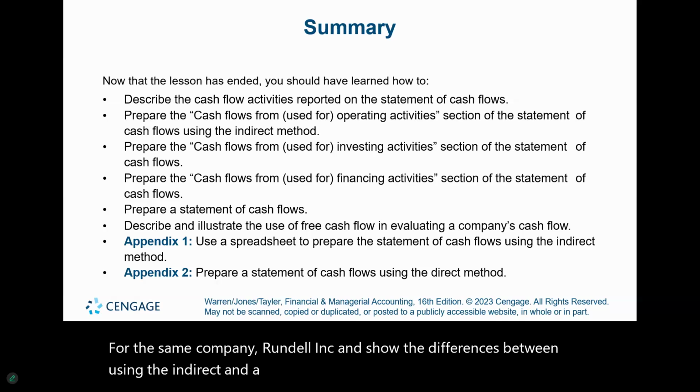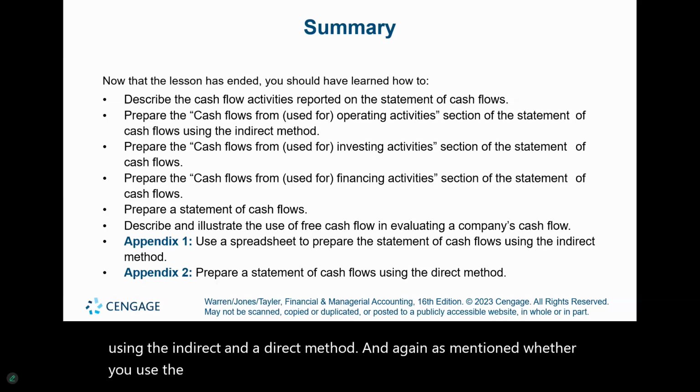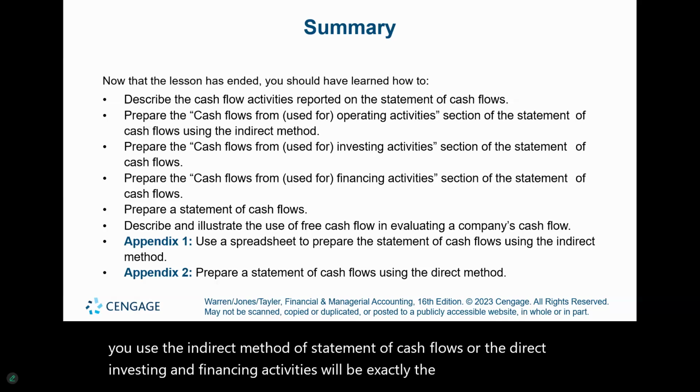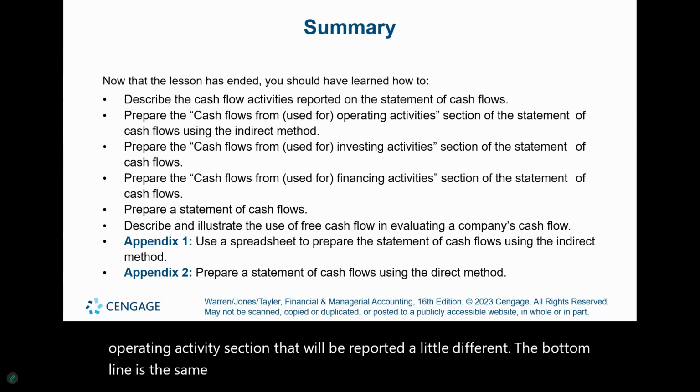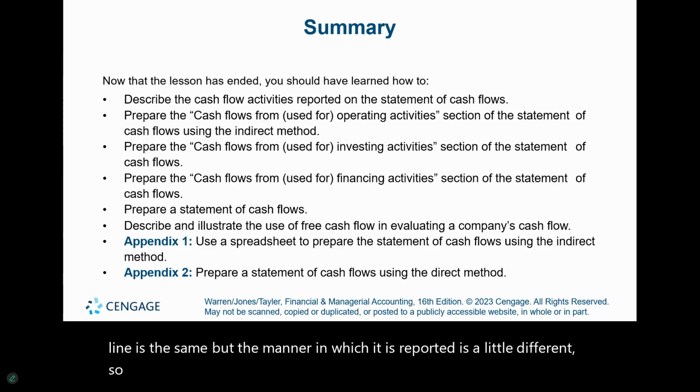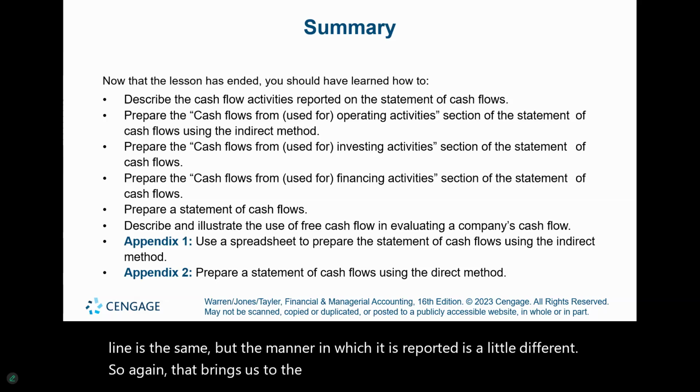Again, whether you use the indirect method or the direct method, investing and financing activities will be exactly the same. It is only the operating activities section that will be reported a little differently. The bottom line is the same, but the manner in which it is reported is a little different. So again, that brings us to the end of chapter 13, statement of cash flows.